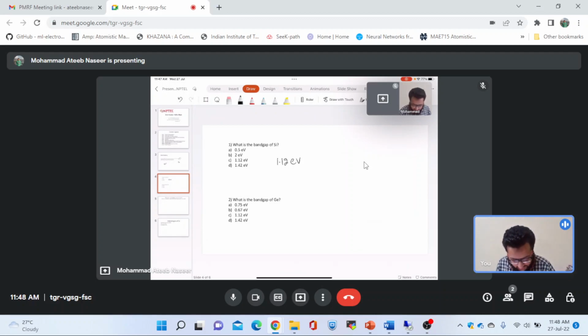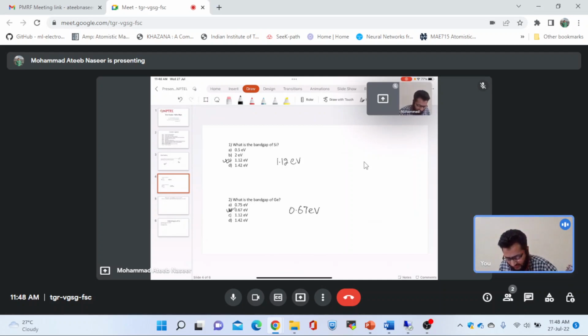We can see that silicon has a 1.12 electron volt band gap, so option C seems to be correct. And for germanium, if I ask you the same question, germanium has a band gap of about 0.67 electron volt. So silicon has a much higher band gap as compared to germanium.